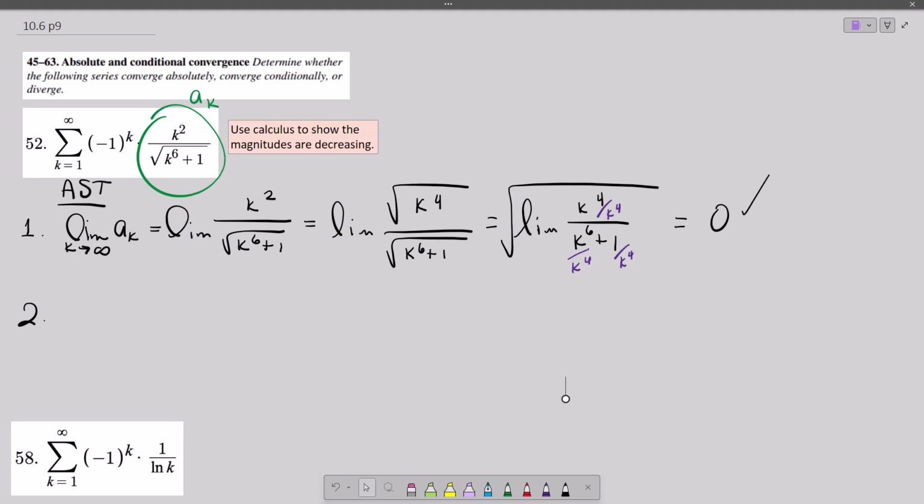Now, there's another subtlety here. Taking the derivative of this with a square root is a pain. We would have to do a lot of exponent manipulation, subtract a half down, subtract 1. There's a clever way that we could get at this. If you rewrite this as the square root of k to the 4th over k to the 6th plus 1, if the inside is decreasing, then the function with the square root on it is also decreasing.